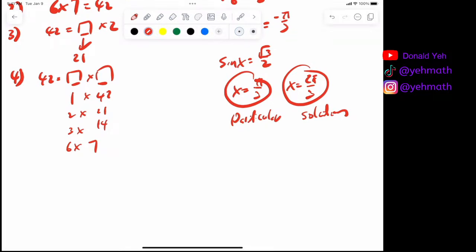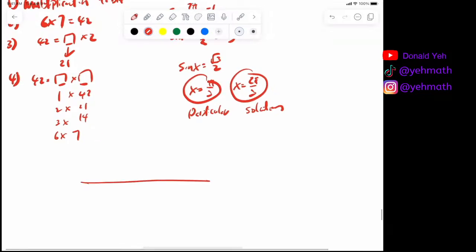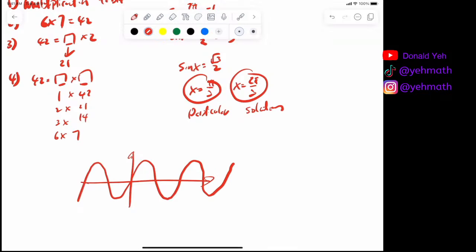Now, it turns out there are an infinite amount of answers. Why? Because if you think about the sine of x graph, it's like this, like this, keep on going, right? And square root 3 over 2 is right here. That's square root 3 over 2. There's an infinite amount of intersections.